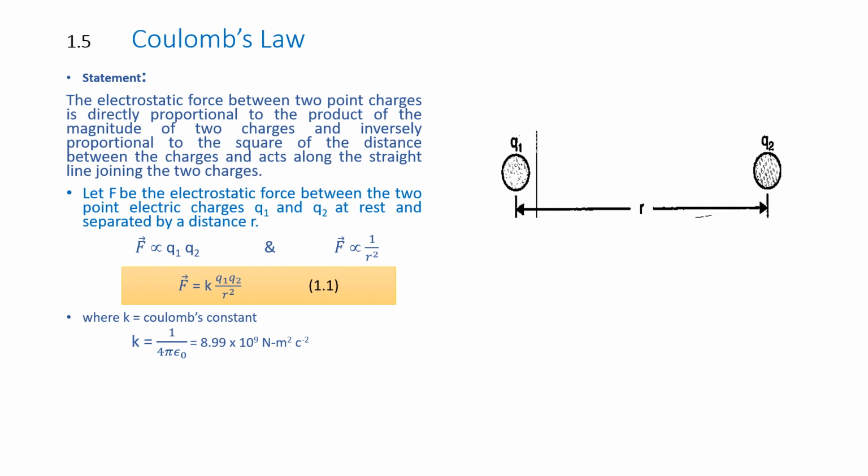Numerically, the value of k is given by the formula k is equal to 1 over 4 pi epsilon naught, and its value is 8.99 into 10 to the power of 9 Newton meter square per Coulomb square.